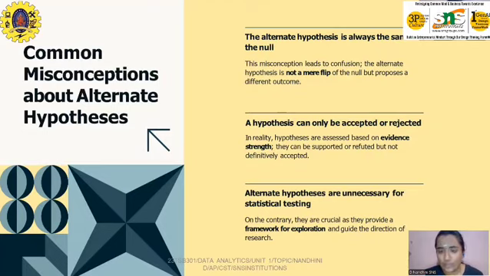Next one is that a hypothesis can only be accepted or rejected. In reality, hypotheses are assessed based on evidence strength; they can be supported or refuted, but not definitively accepted. Third one is that alternative hypotheses are unnecessary for statistical testing.